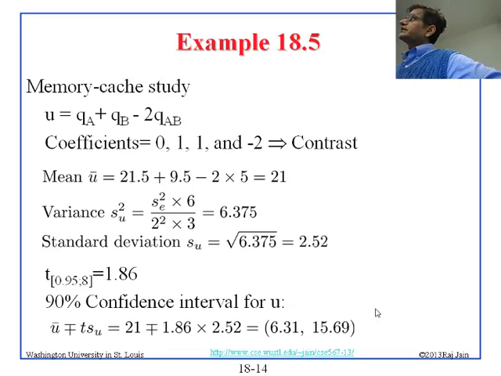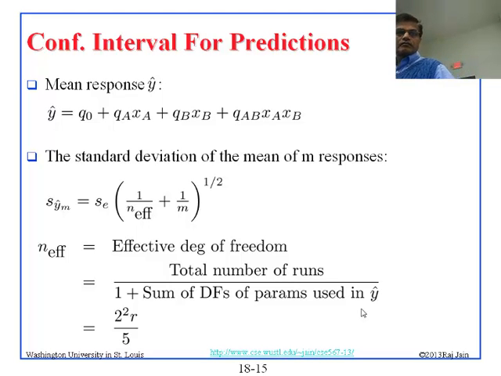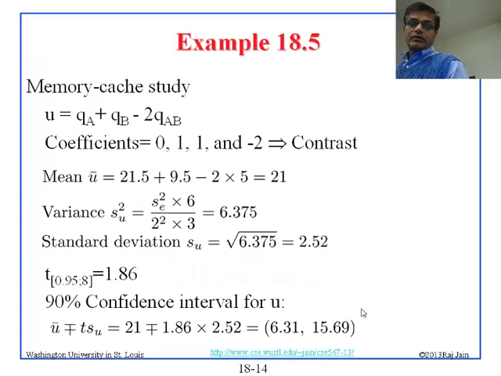So you put the sum of HI squares here, and then divide by the total observations, 2 raised to 2 times R, which is 12. This is the variance. The standard deviation is just the square root of that. Then you take the t value as before and get the confidence interval, so it's still significant. All right, that's about the contrast.